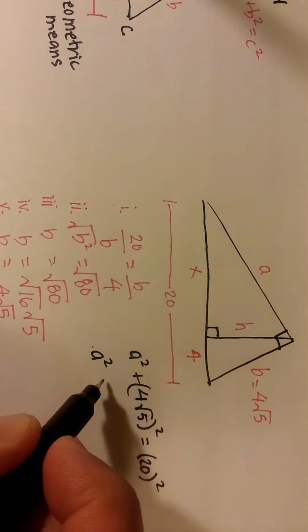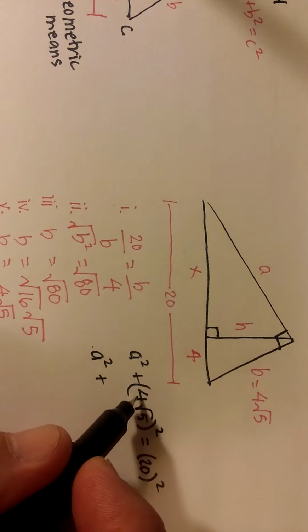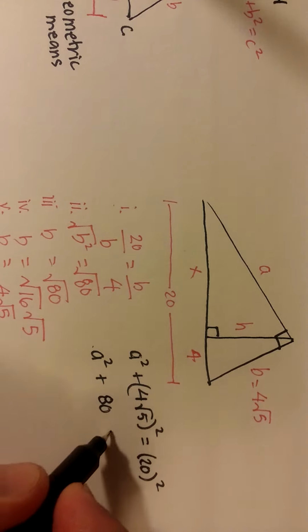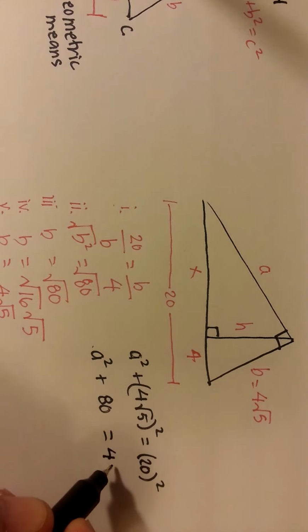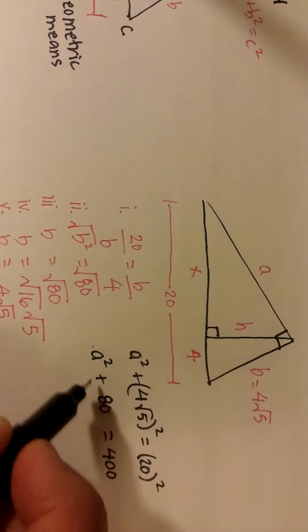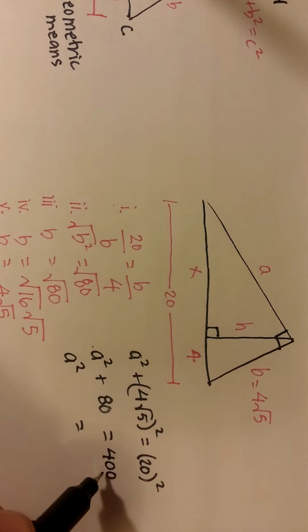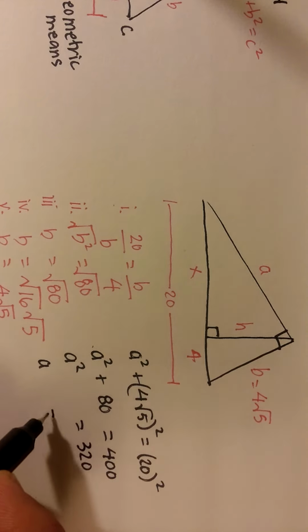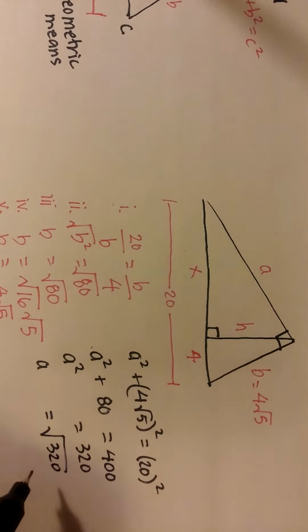A squared plus 4 radical 5 squared would be 16 times 5, or 80. And that's going to be equal to 20 times 20, which is 400. Let's subtract. You get a squared is equal to 320. A then would be equal to the square root of 320.